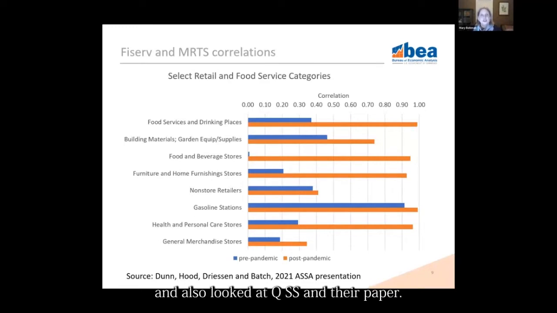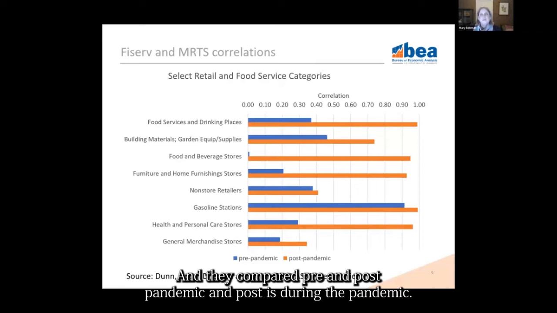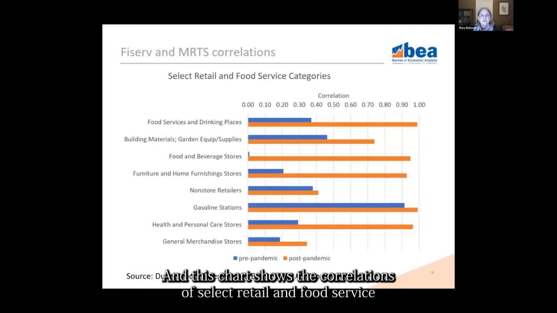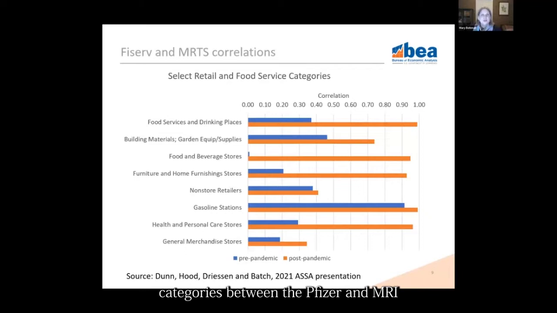They also looked at QSS in their paper, and they compared pre and post pandemic, where post is during the pandemic. And this chart shows the correlations of select retail and food service categories between the Fiserv and MRTS data.